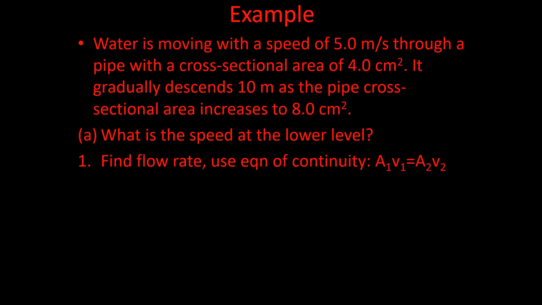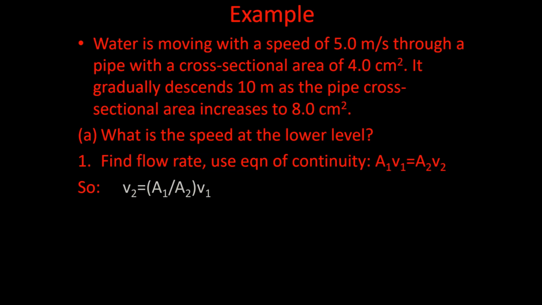So, first part, we want to find the flow rate. Let's employ our equation of continuity. V2 is equal to A1 over A2 times V1. A1 here is the area of the pipe at the top of our system, and V1 is the speed of the water there.